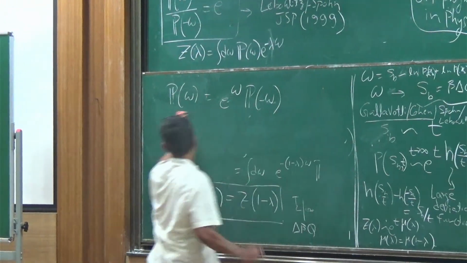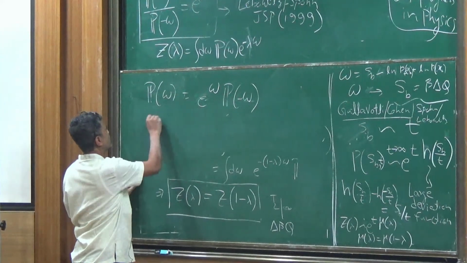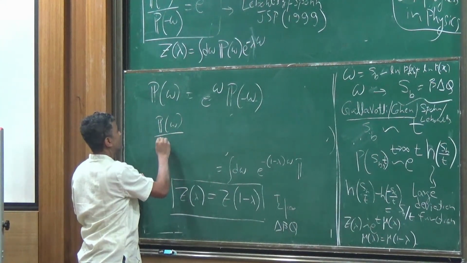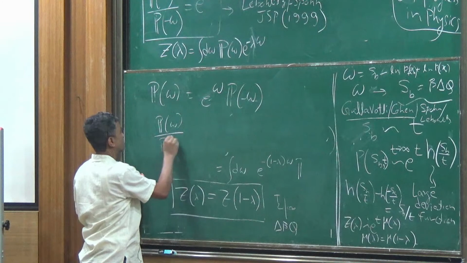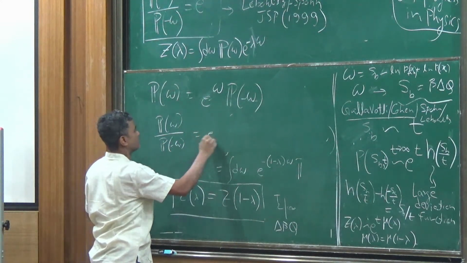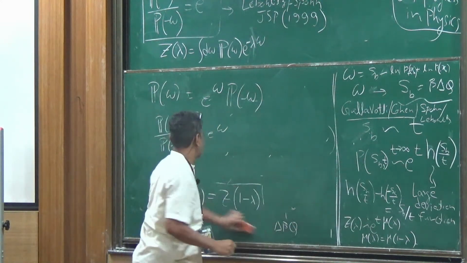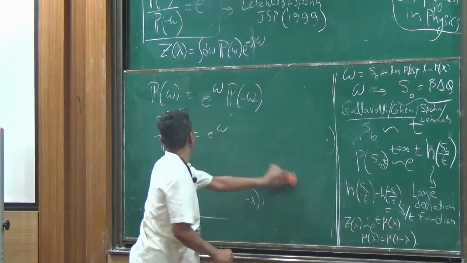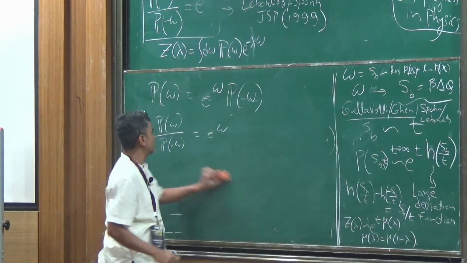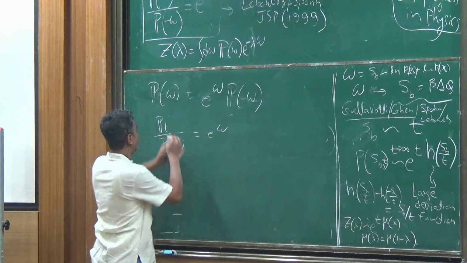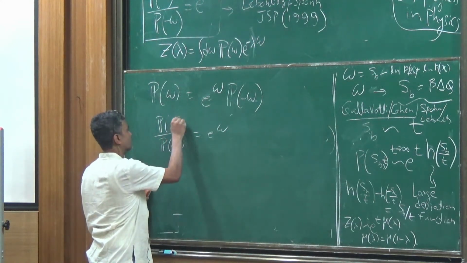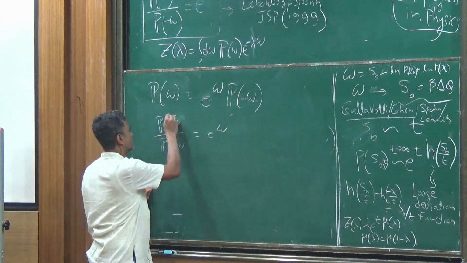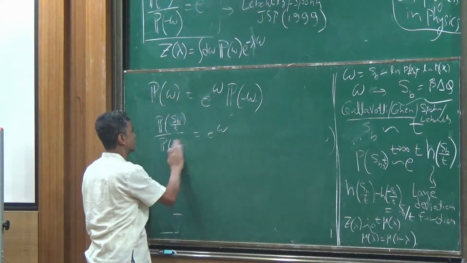It's just a property. See, I'm just writing this P of omega. In this case, what I said is that if you replace omega by delta, let's say we are interested in this distribution.